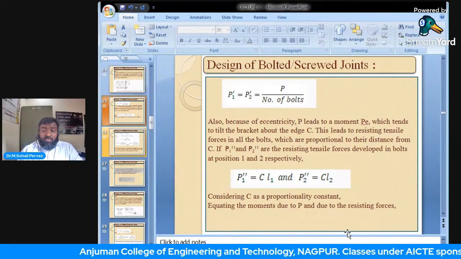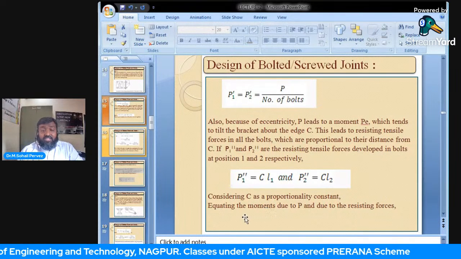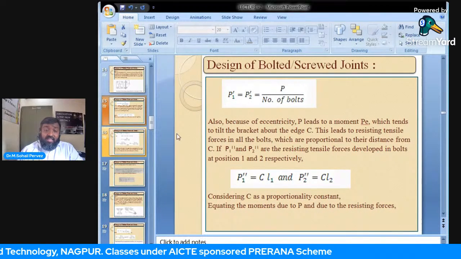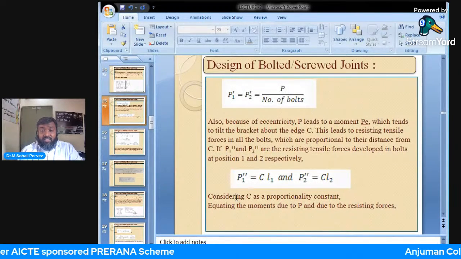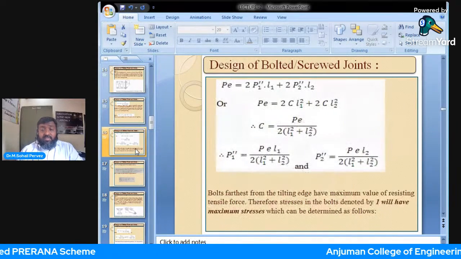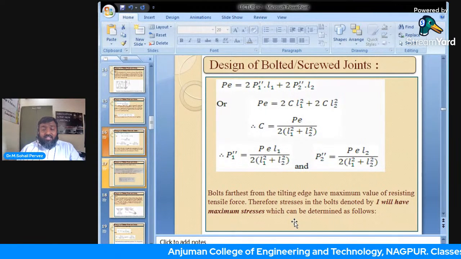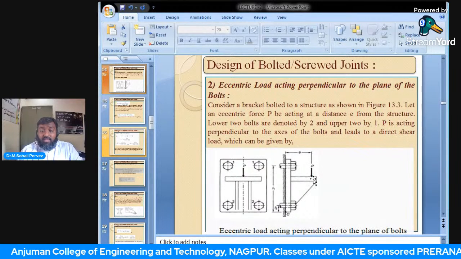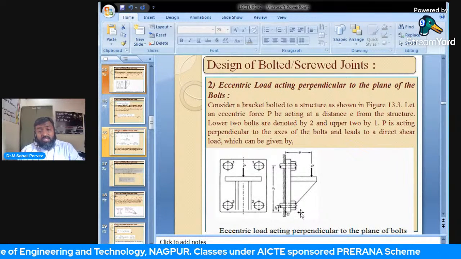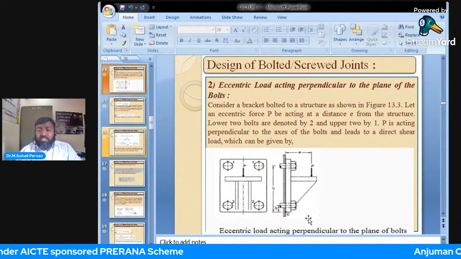So in this case, what would be the secondary shear or secondary tensile load? We have to decide. Just look at this. The bolts at position 1 and the bolts at position number 2. Primarily, all the 4 bolts will be subjected to shear, that is the primary shear load.